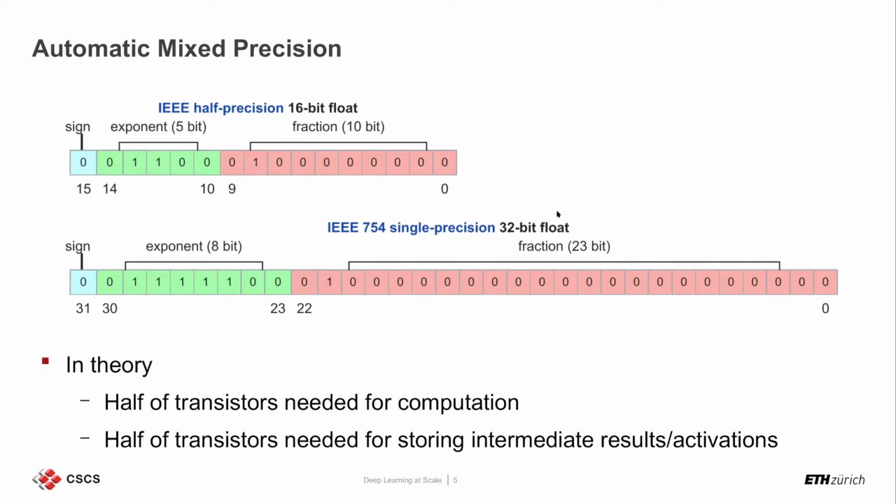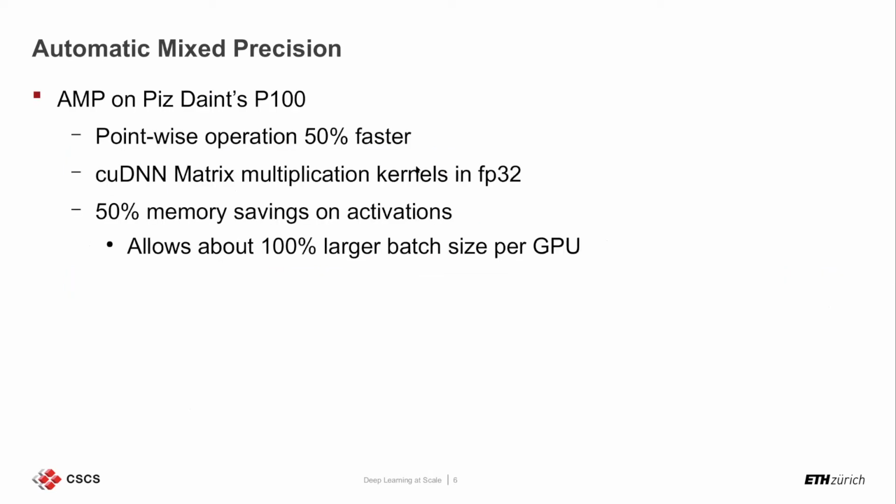And in theory, we would need half of the transistors for the computation, obviously, and also half of the memory to store, for example, the intermediate values, the parameters, and so on. Right, but there is definitely a precision loss, so you have to be aware of that.